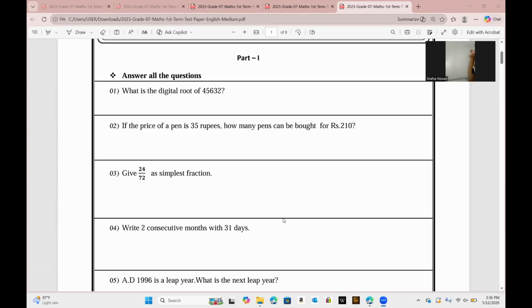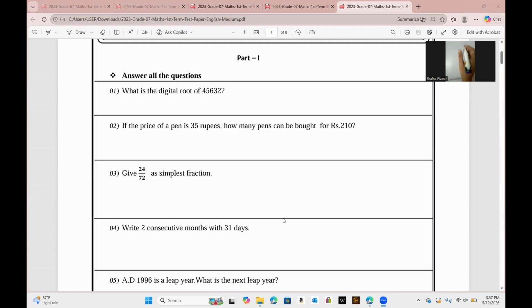So they have given you the price of one pen, and they are asking you to find how many pens you can buy for 210 rupees.